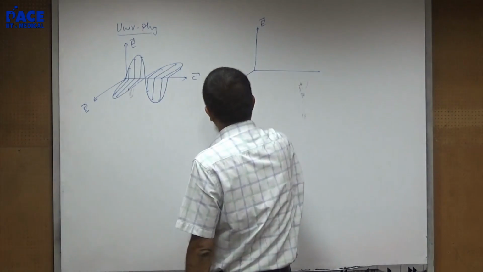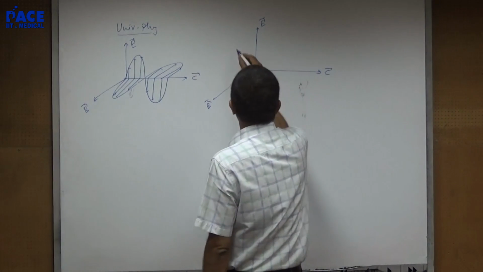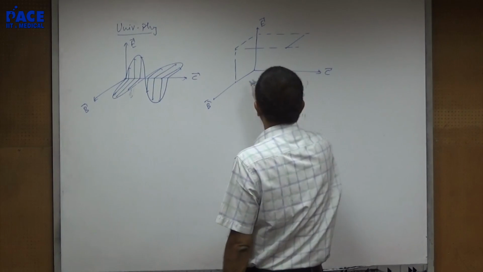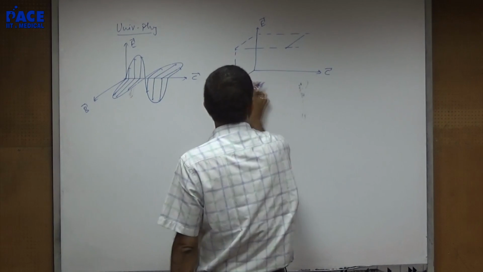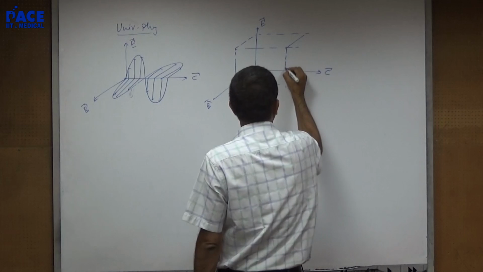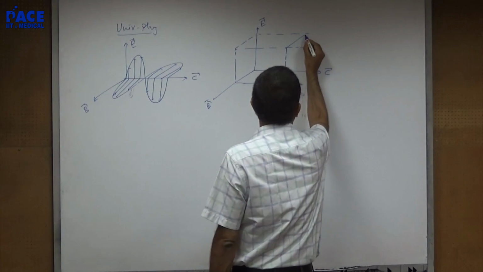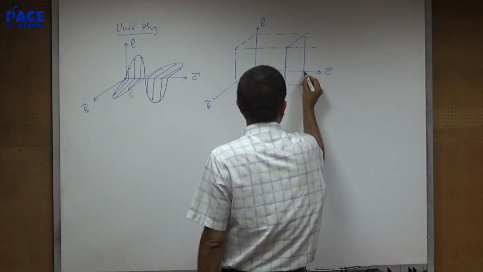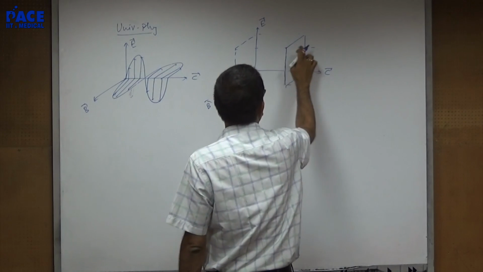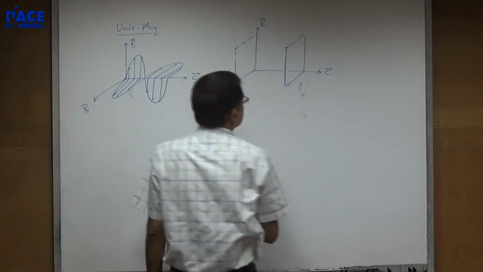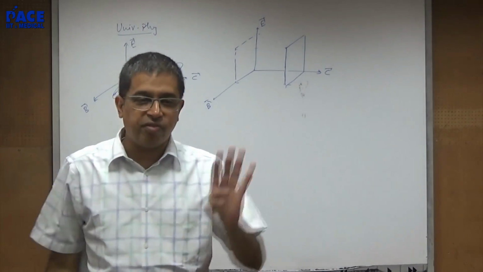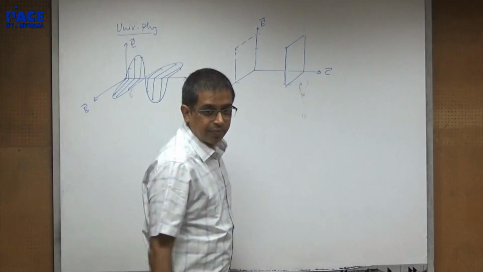This is an electric field, this is a magnetic field, this is the electromagnetic wave. It's not a spherical or cylindrical or a sine wavefront. Planar wavefront, it's travelling this way.